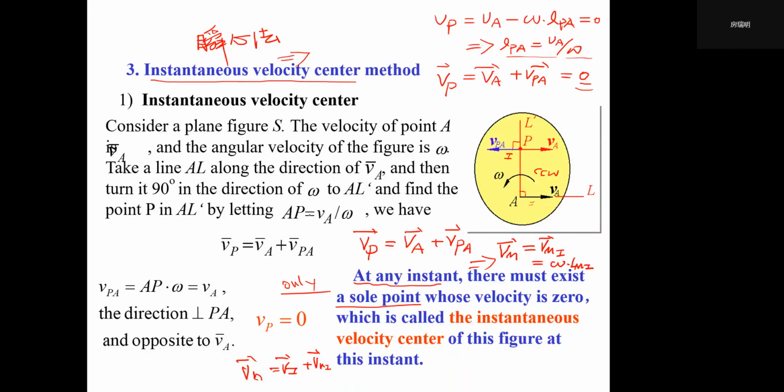So then we are going to talk about how to find it. Until now, you guys should know that at any instant, there will be only one point whose absolute velocity is 0. We call that the instantaneous velocity center, right?